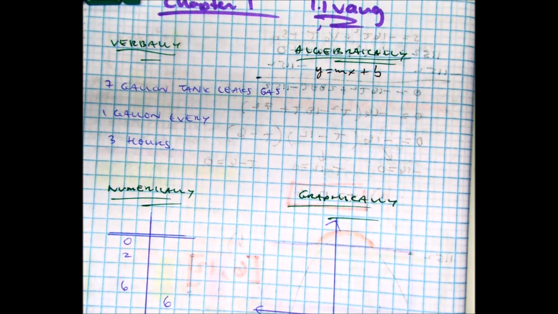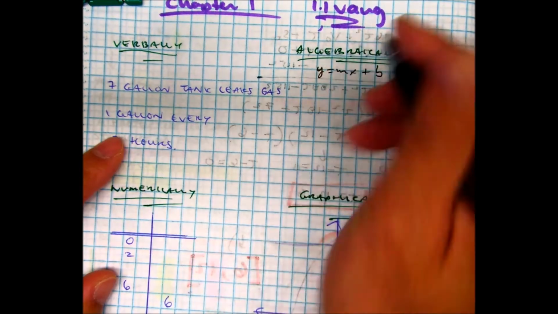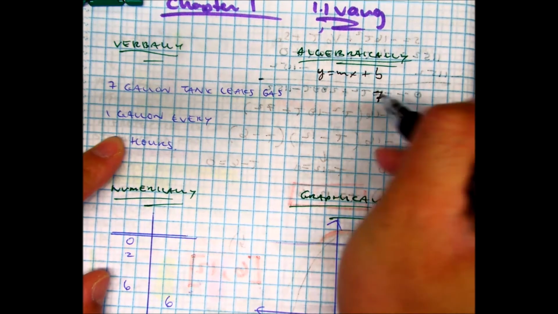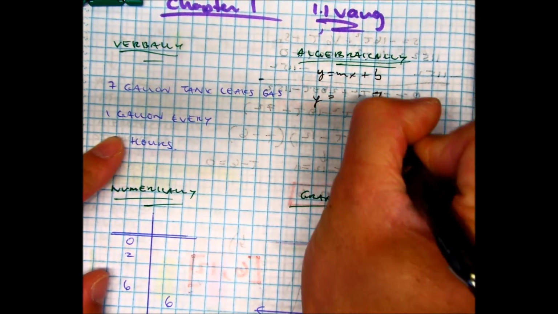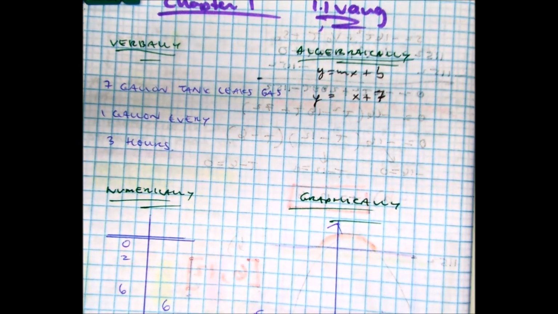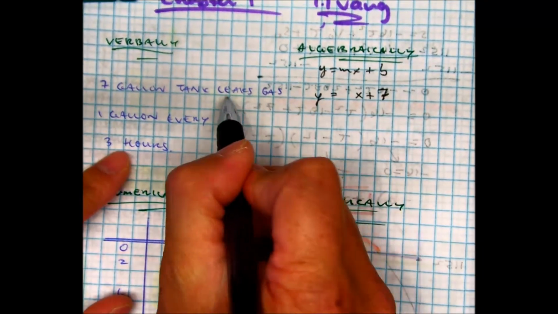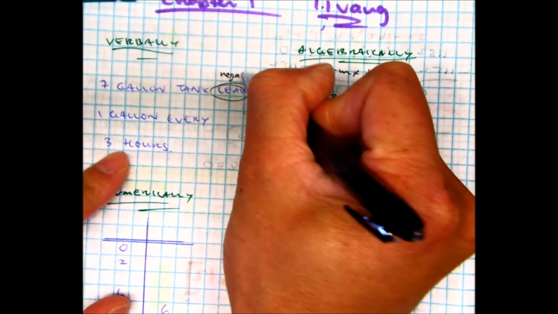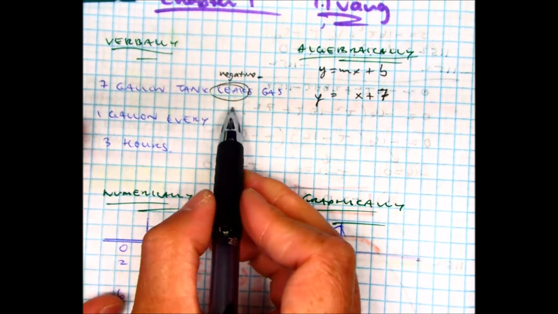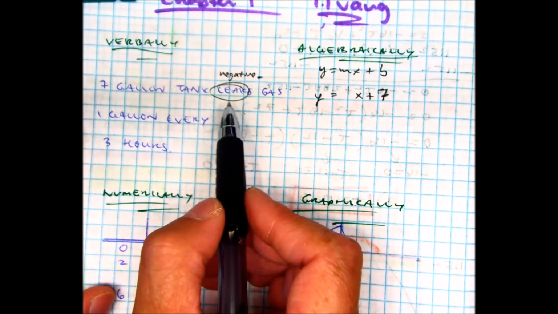Well, that tank starts at 7 gallons. My starting point is 7. Now, my slope is it leaks, or is losing. That's a negative number, right? My dad used to drive around in a car and he would say, my car's leaking.